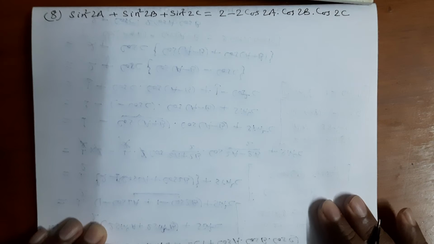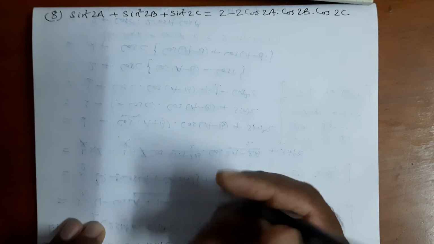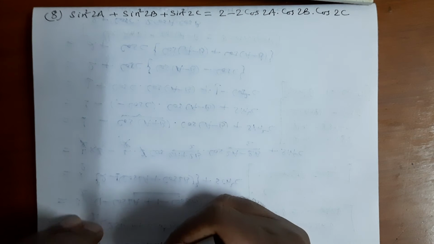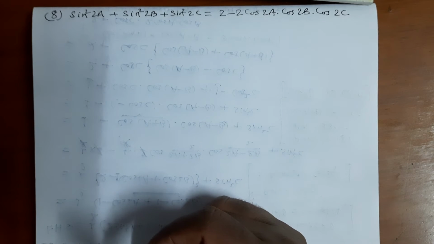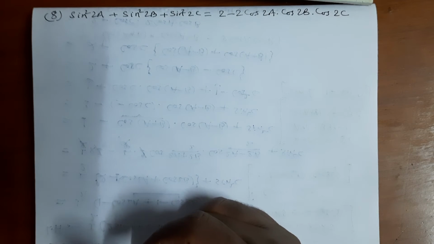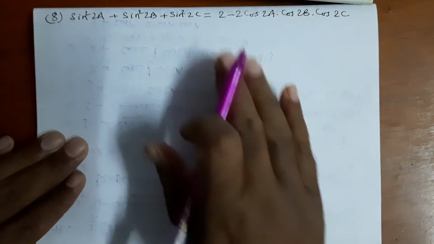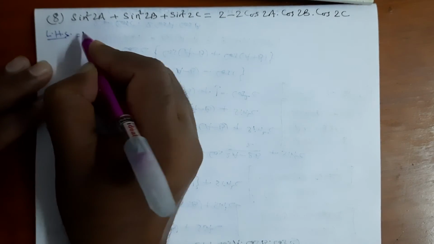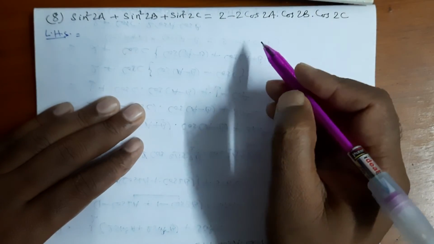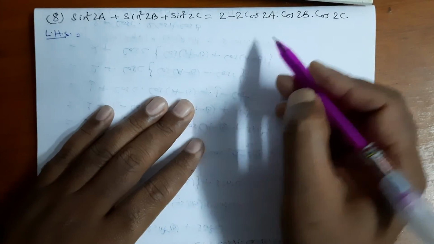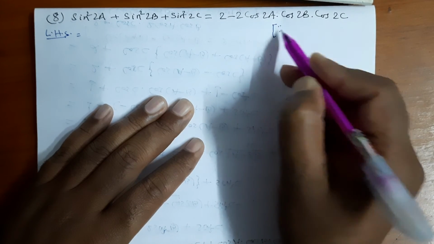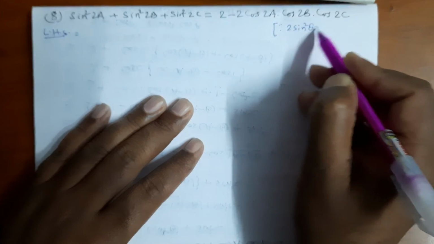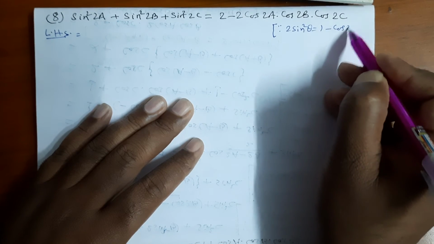And here also, like before, we can start from the left hand side. So our left hand side is sin square 2a plus sin square 2b plus sin square 2c, and here we can use this formula, that is 2 sin square theta equals 1 minus cos 2 theta.